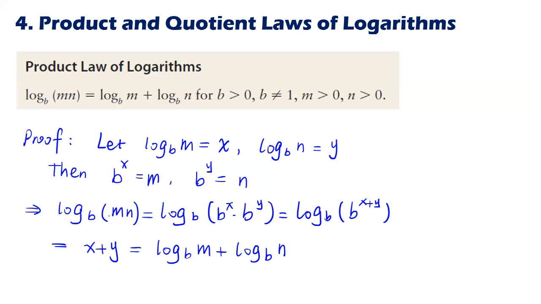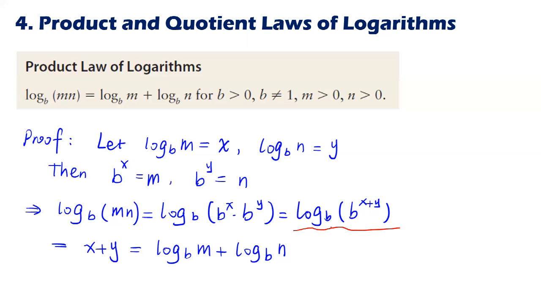So log base b of the product mn is actually log base b of b to the power of x times b to the power of y, which is log base b of b to the power of the sum of x and y, right?